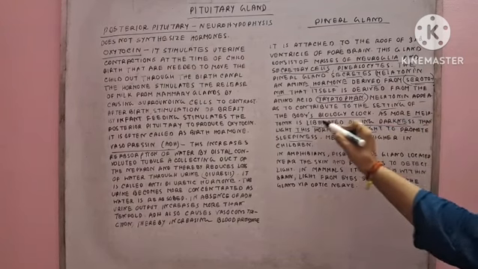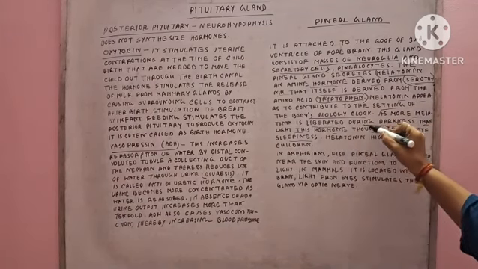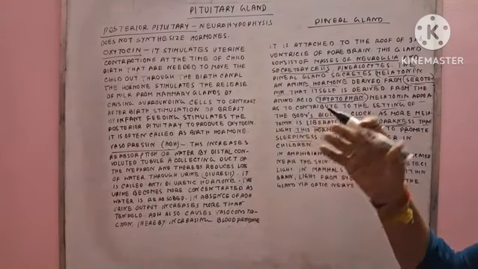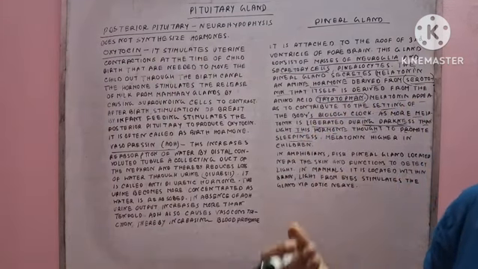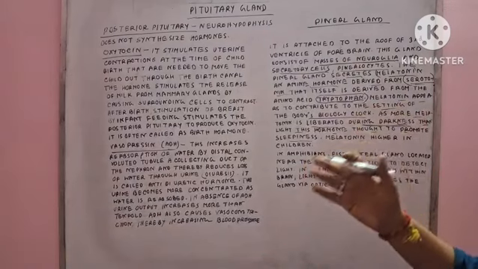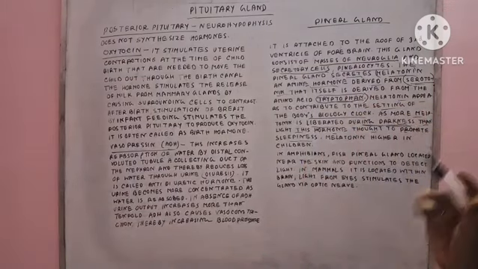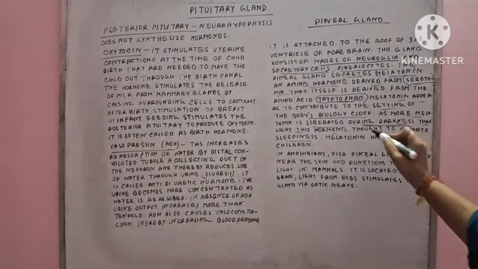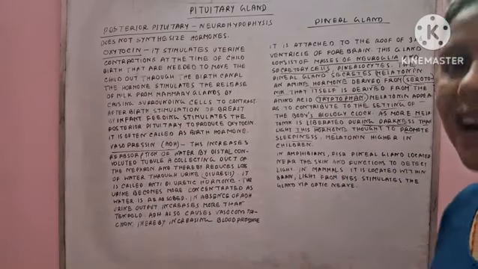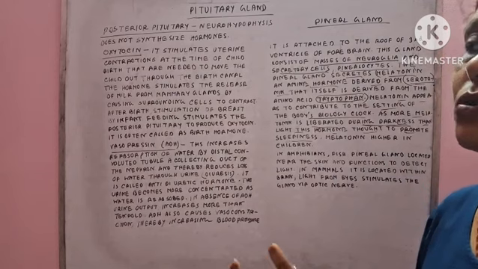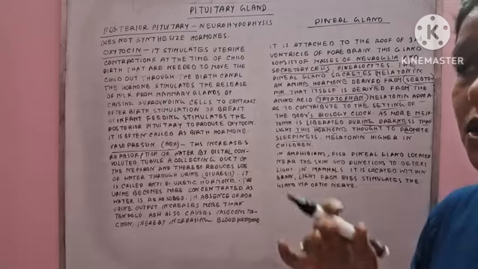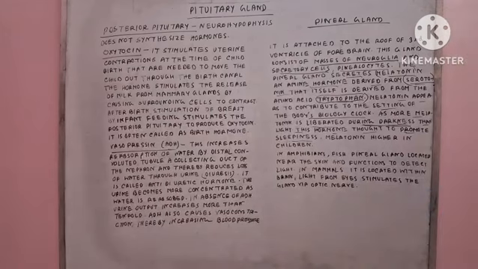More melatonin is liberated during darkness than light. In a very short way, melatonin is secreted more in the darkness, and this hormone promotes sleepiness. So that's why we feel sleepy in the darkness, due to the secretion of melatonin.